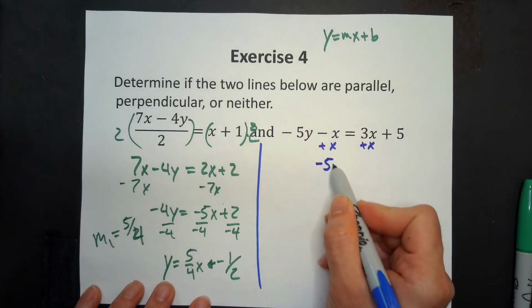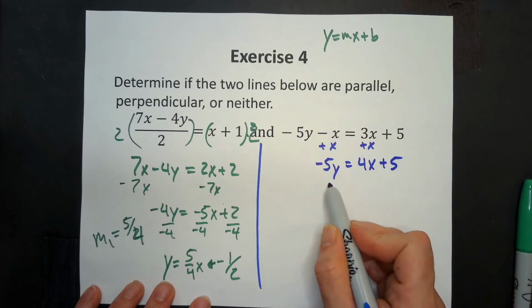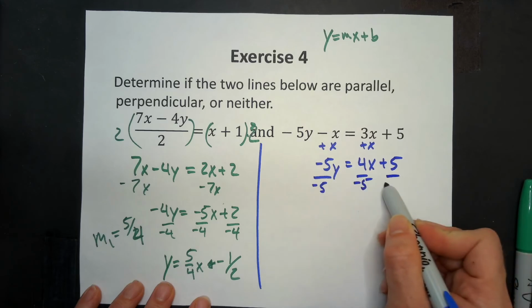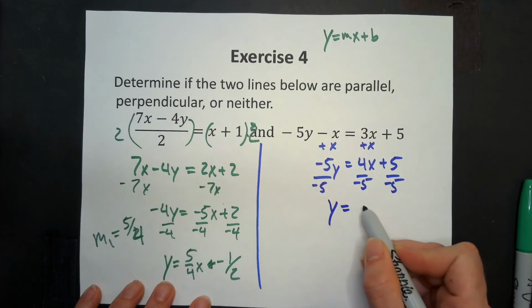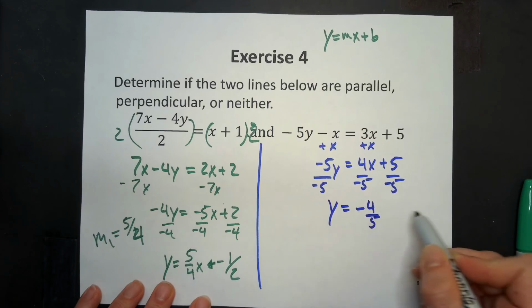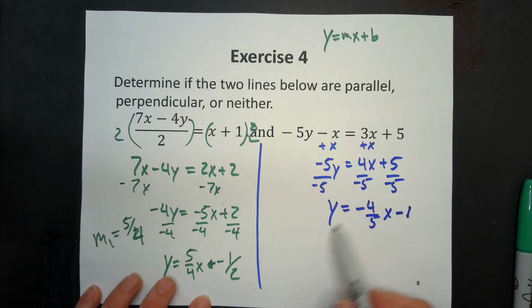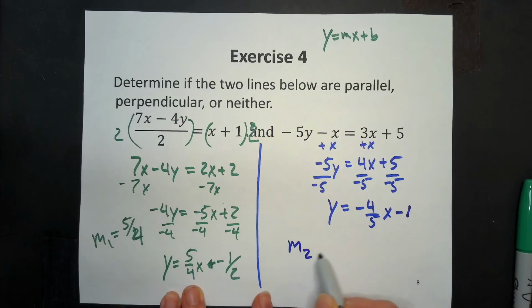So I'm going to have negative 5y equals 4x plus 5. And so I'm going to divide every term by negative 5. I'm going to get y equals negative 4/5 x minus 1. So that gives me my slope, m2, to be negative 4/5.